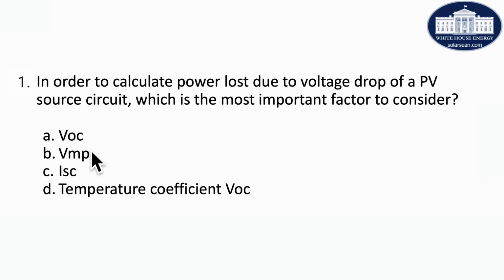Another thing that you would use for voltage drop would be IMP. That's voltage at maximum power and current at maximum power. Those are all the things that you consider for voltage drop. And I know because about 10 or 15 years ago, depending on when you're listening to this video, I wrote an article on voltage drop, and we actually call it voltage rise because the voltage is higher from where it's going than where it's going to.